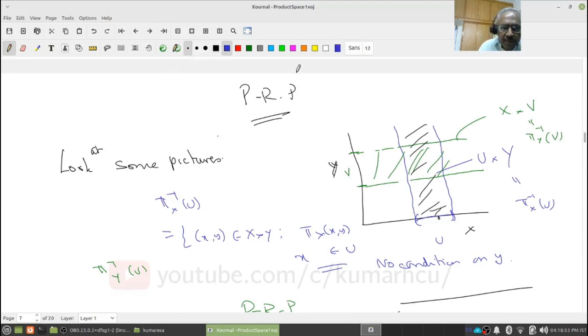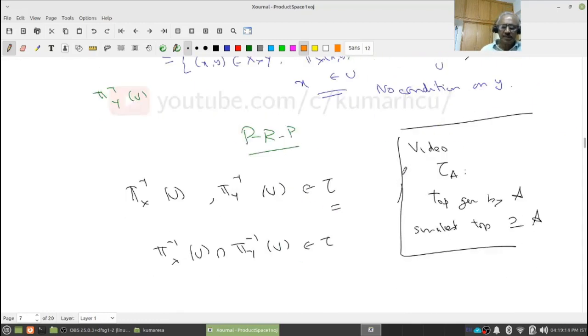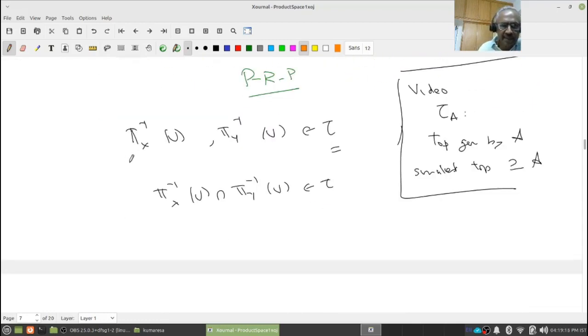So the common thing is going to be this. That is your pi x inverse of u intersection pi y inverse of v. Is that clear? Right.